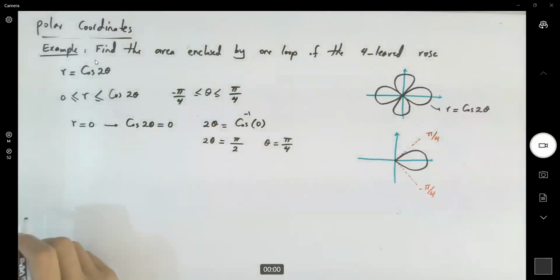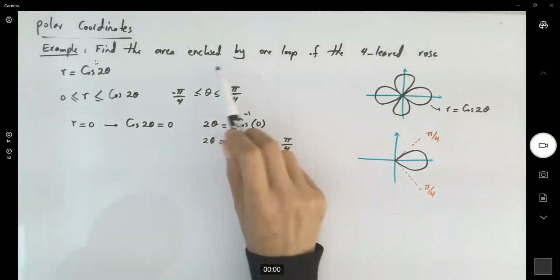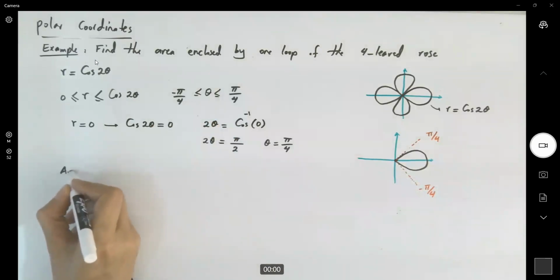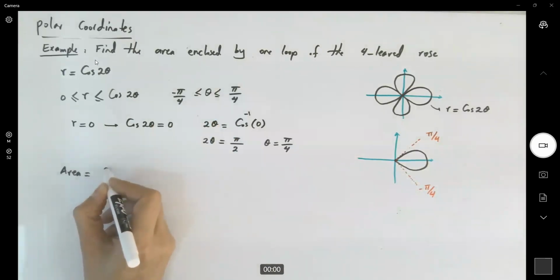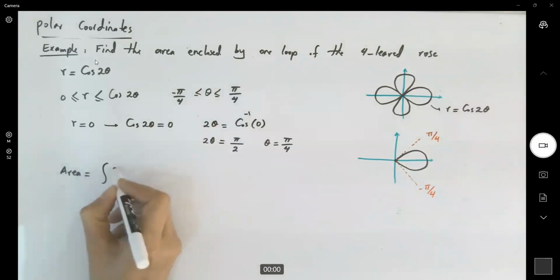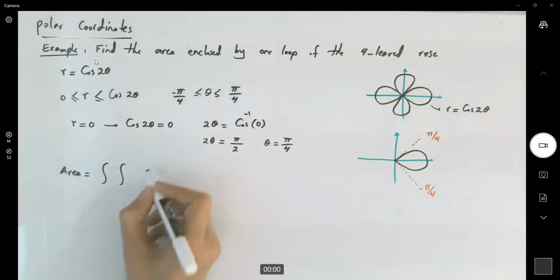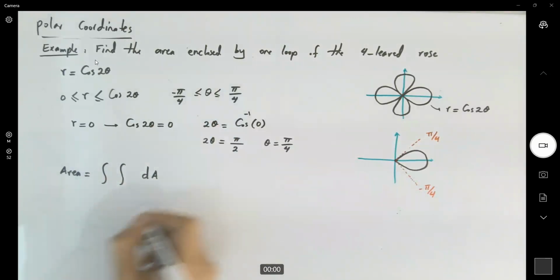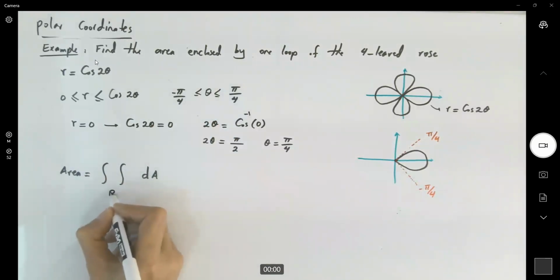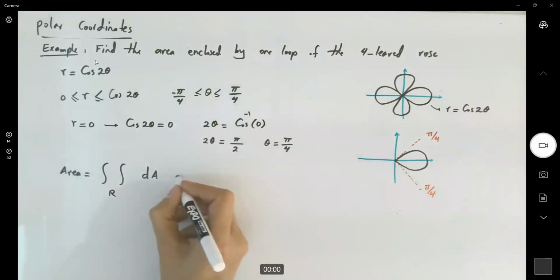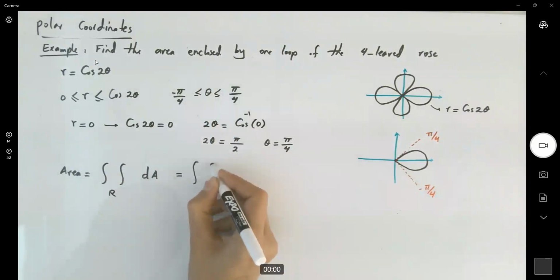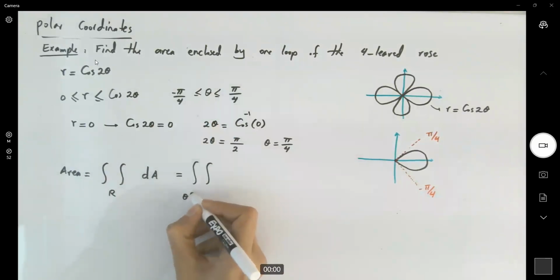Now use the polar coordinates to find the area. The area is equal to the double integral of dA over region R, and region R is now converted into the polar coordinates.